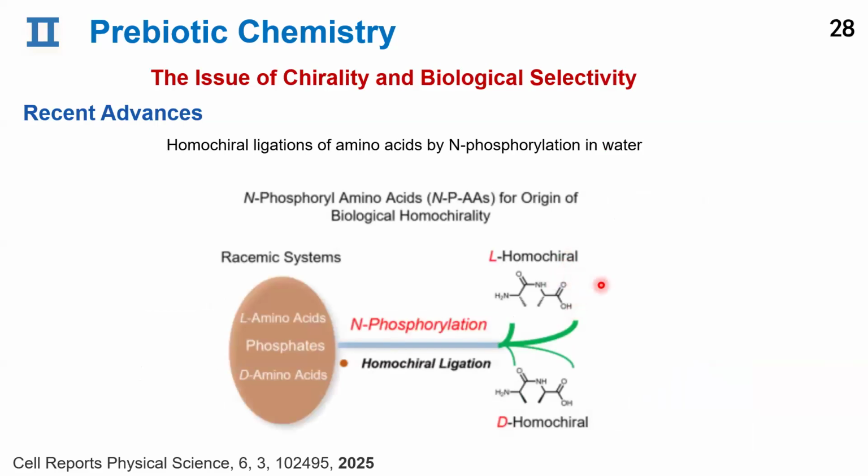Another advance is that the scientists found, under simulated prebiotic conditions, the protein amino acids can self-activate and be linked into peptides through peptide bonds. The linking process shows significant and high homochiral peptide generation. This provides a new chemical mechanism for how to achieve chiral peptides in a water environment.